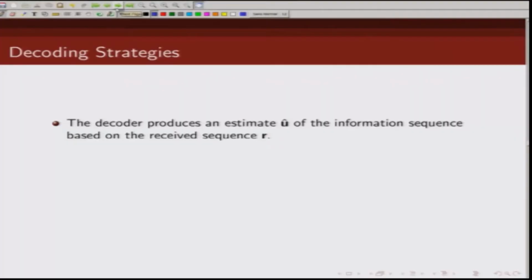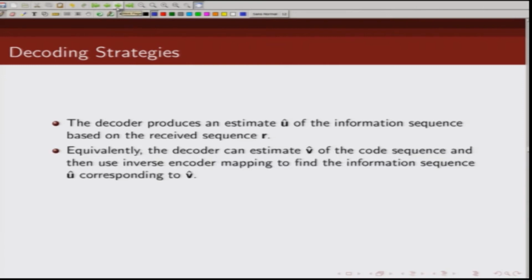So, the decoder produces an estimate of the information sequence based on the demodulated output R. Now, we can say this estimation of the information sequence is equivalent to estimating the code sequence, because there is a one-to-one mapping from a particular code word to the information sequence.